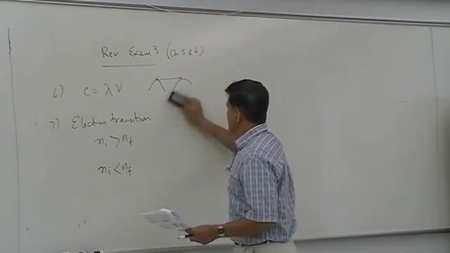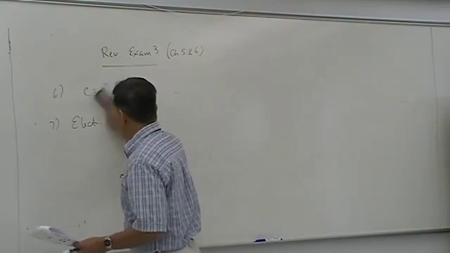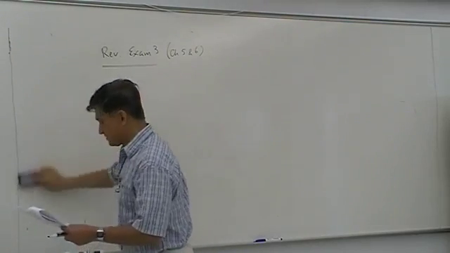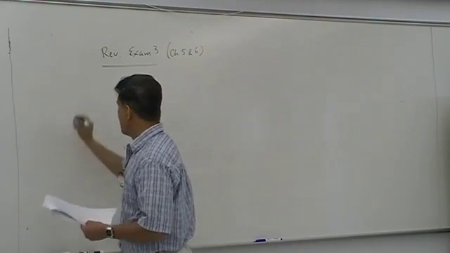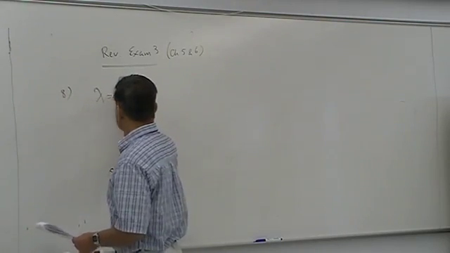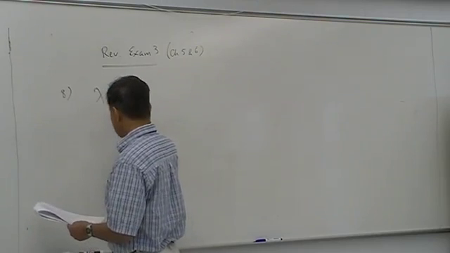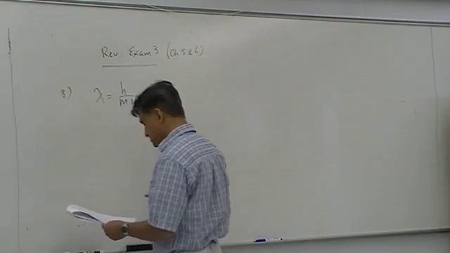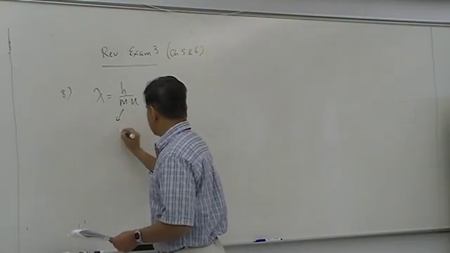These problems are also very straightforward, but you have to pay attention to the units because a lot of times students make mistakes by not looking at the units. Lambda equals h over mu. So I'm going to write down what units are expected.